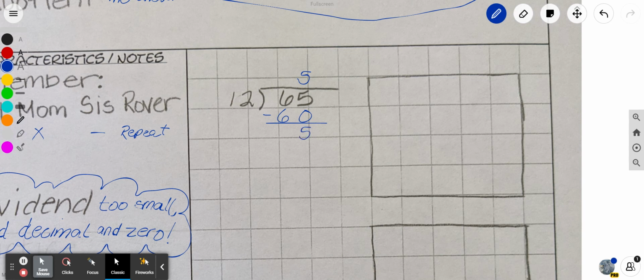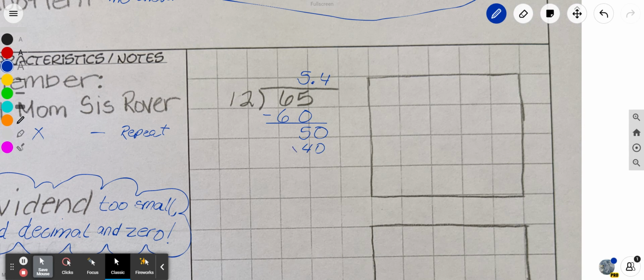Now I have to think about this idea when the dividend is too small, add a decimal and a 0. Well, 12 cannot go into 5, and I don't have any other numbers to bring down here. So I'm going to add a decimal and a 0. Okay. Now I can divide 12 into 50, and I know that 12 times 4 is 48, so 4 goes up on the line. 4 times 12 is 48.